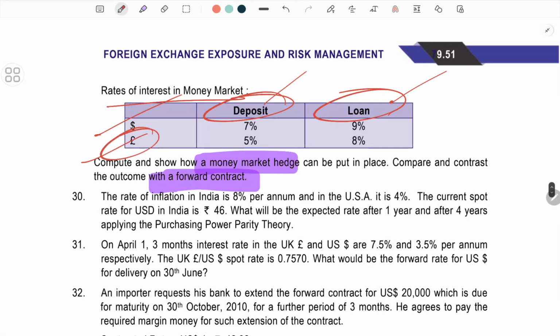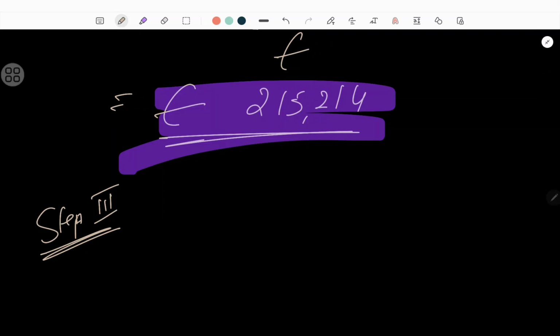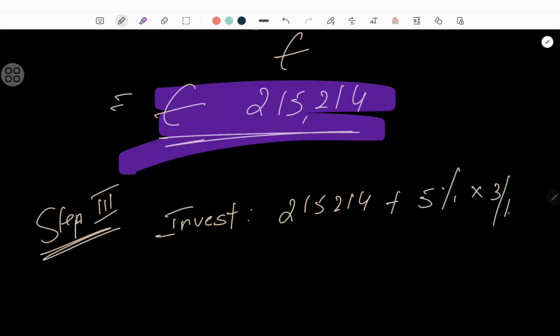This is the pound investment rate, 5%. Got it. So I will invest 215,214 plus 5% into 3 by 12. For 3 months I'll do this exercise.